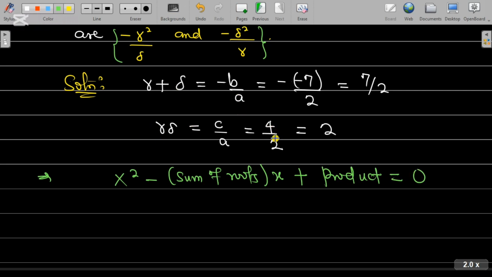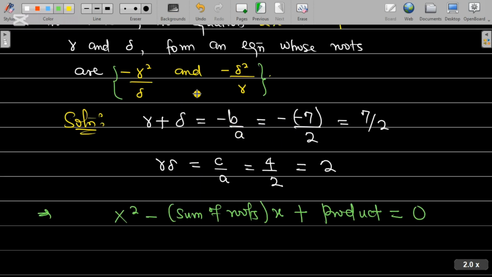So in order for us to get the equation that will have these roots, we need to get the sum of these roots and the product, and then we make substitution into this formula, and that will give us what we want.